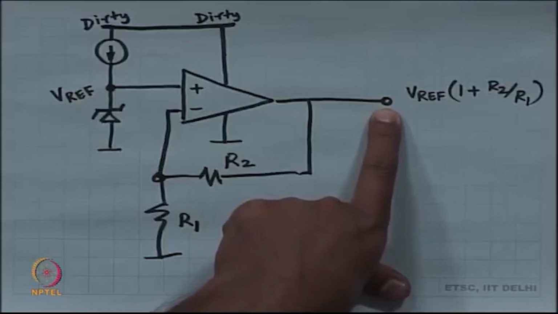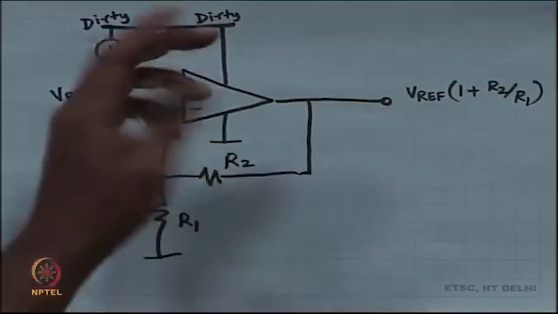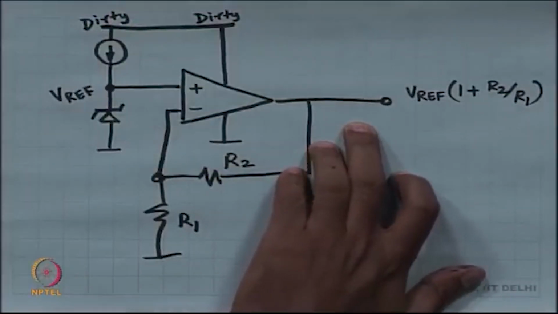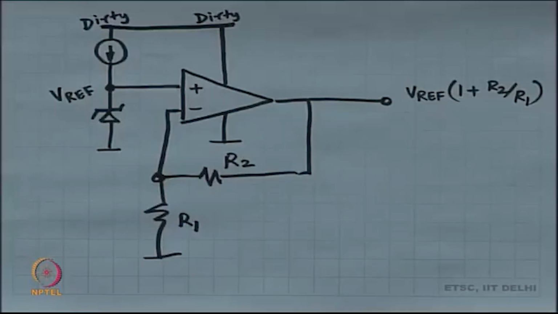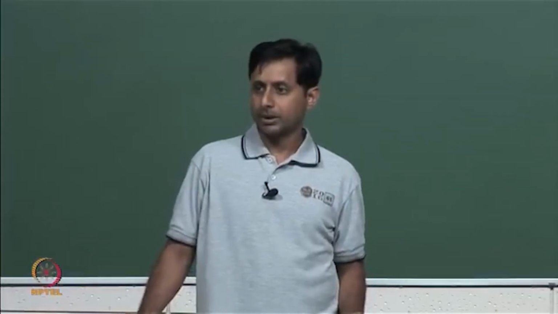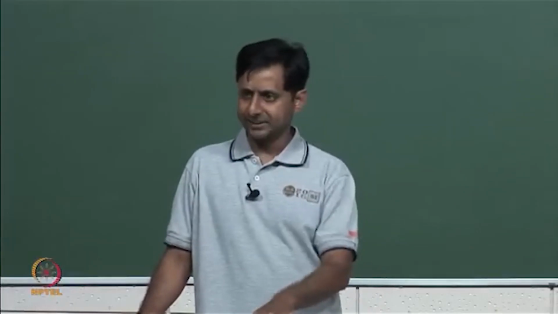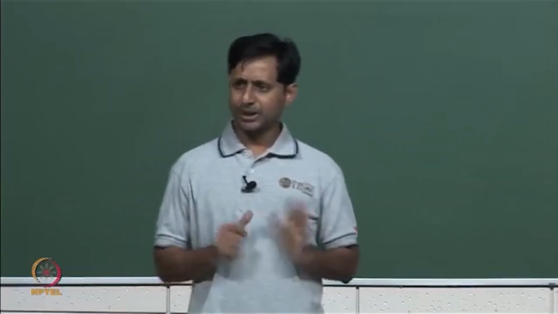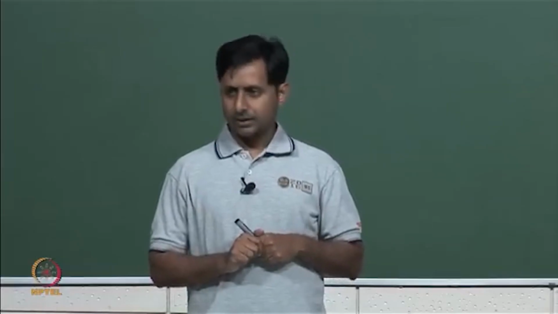That is called power supply rejection. How much of the dirty power supply is rejected in the actual clean supply, that ratio is called power supply rejection. So, some non-ideality is there, but otherwise this circuit looks okay.